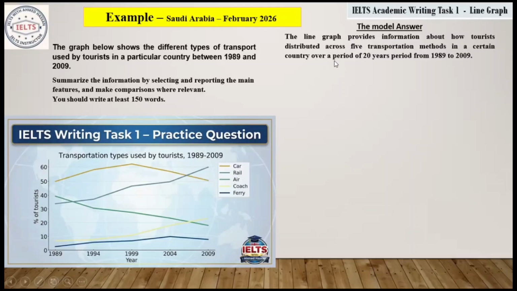So what did we do today in our introduction? We paraphrased the given information. Okay?